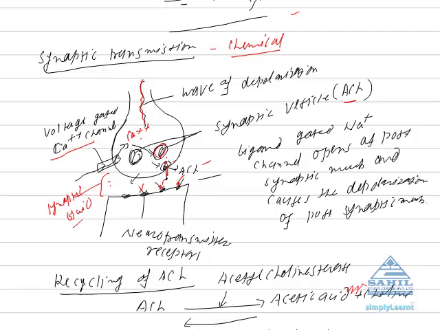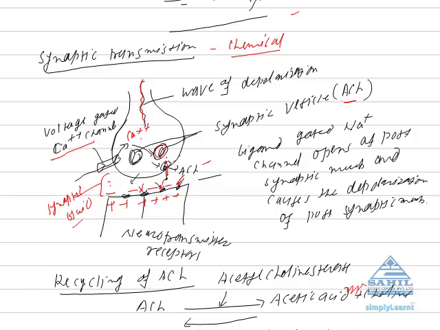Acetylcholine is a ligand. It opens the sodium channel present on the postsynaptic membrane. So when the ligand gated sodium channel opens, it leads to influx of sodium ions in large amount, and because sodium is a positively charged ion, it causes accumulation of positively charged ions inside, so that the outside of the membrane becomes electronegative.